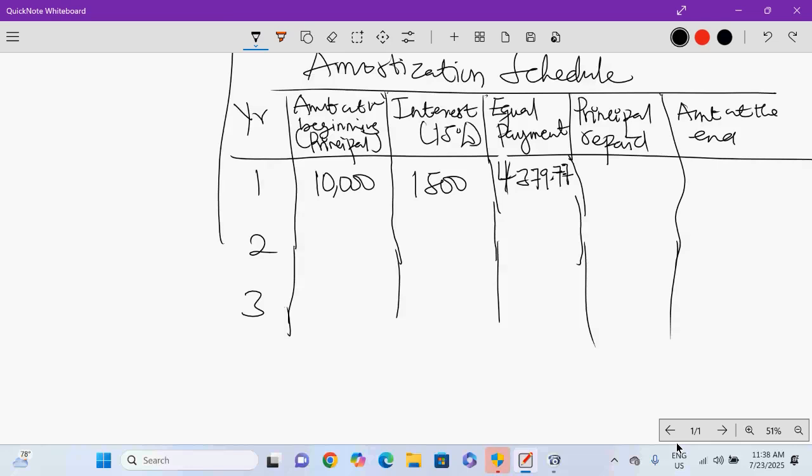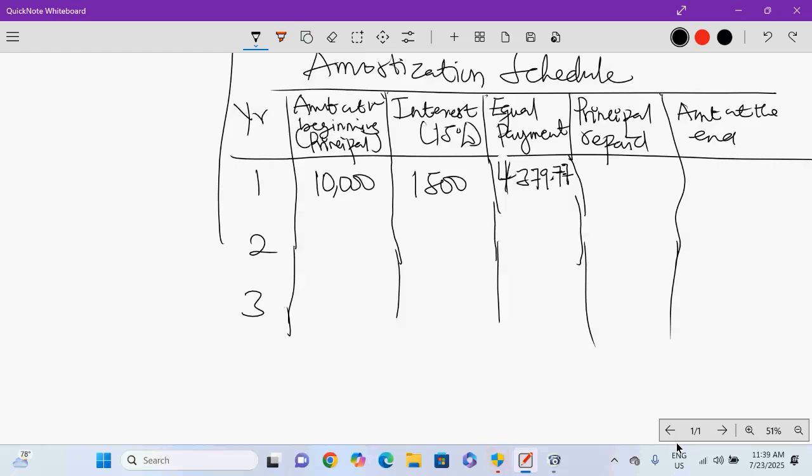The equal payment includes the principal and the interest.